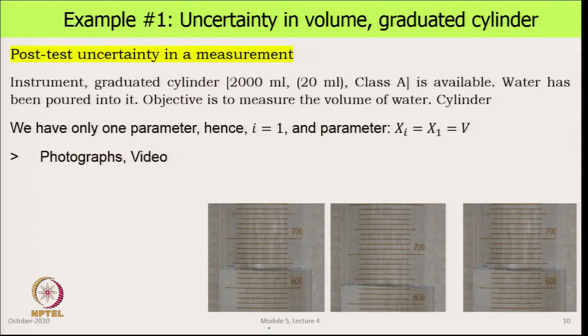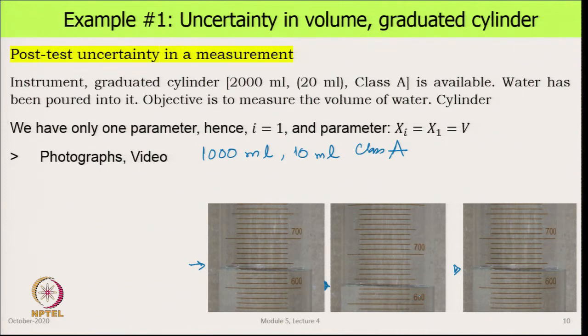So, we did this experiment in our lab and we used a 1000 milliliter measuring cylinder with 10 milliliter markings, class A. And we have made a video of that and some snaps from that are shown here. So, you can see the water level at this point here, the water level is over here and the water level is somewhere there.